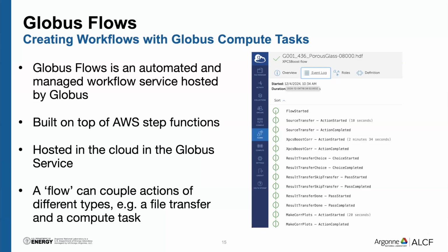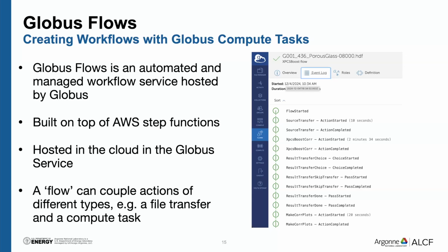So essentially, you can define a workflow, a Globus flow, and you can send that definition to the Globus service, and it can exist there persistently, and anytime you want to run that workflow, you can make a call, and Globus will do all the orchestration steps in the flow for you.